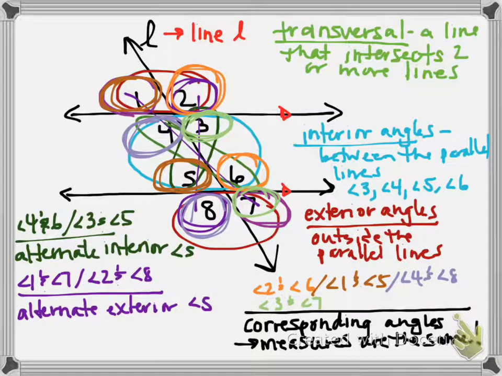Now that's going to come in handy when you're being asked to answer questions, okay? If you know what angle 2 is, you immediately know what angle 6 is. If you know what angle 5 is, you immediately know what angle 1 is. So we can solve missing angles by understanding that corresponding angles are congruent, okay?